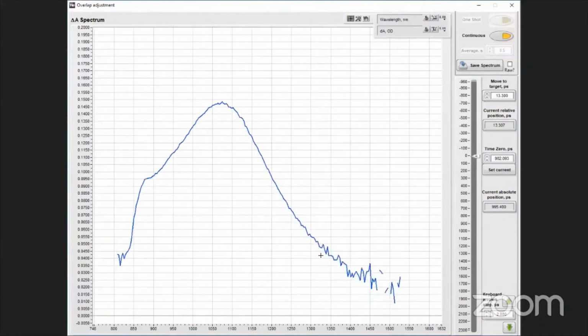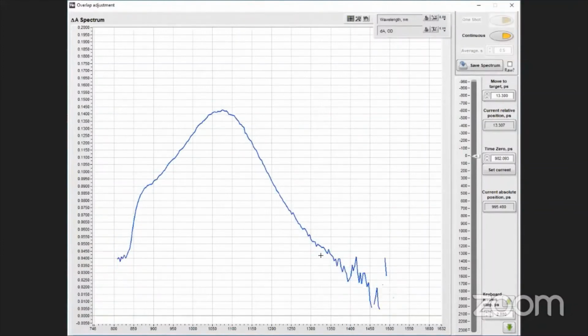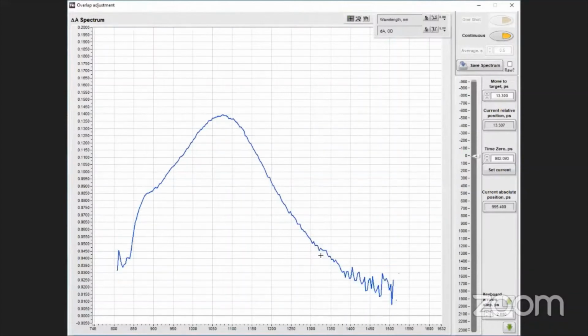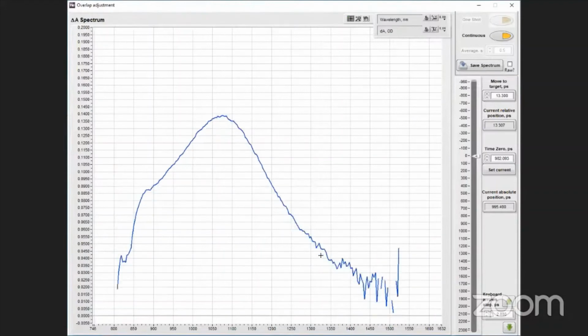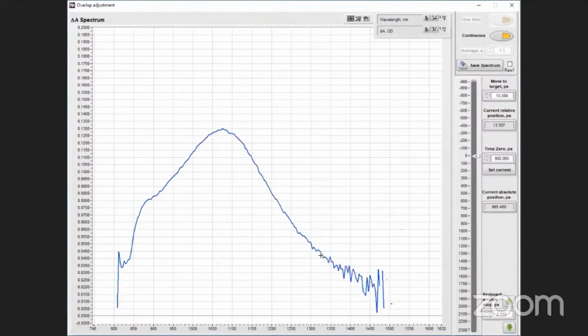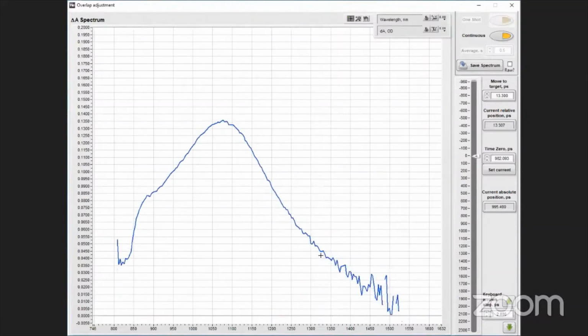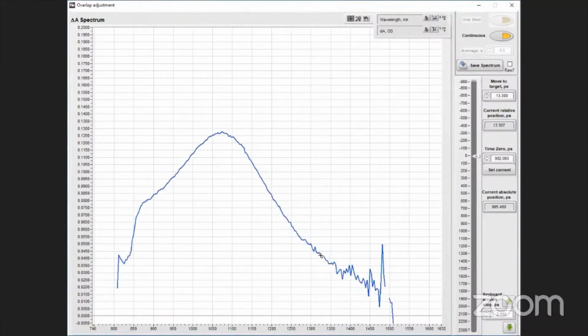I hope everybody saw this lab and realized that not all chemistry labs have beakers and test tubes and things. This is a chemistry lab which operates with ultra-fast lasers, where they look at how the light emitted or absorbed by a molecule changes at very, very small time scales, femtosecond or picosecond time scales.